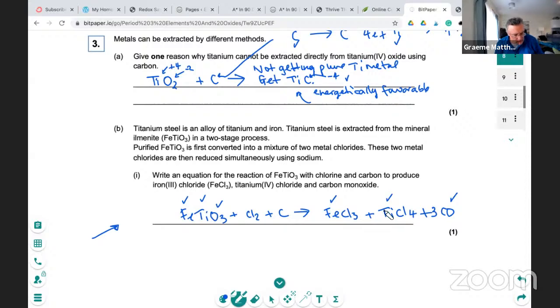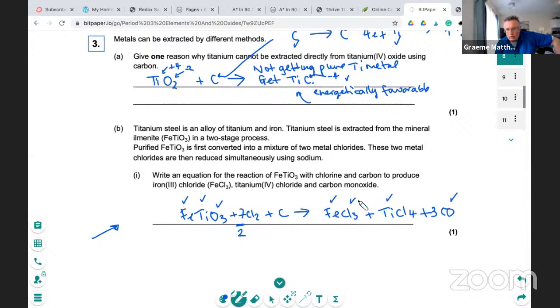That is good. Right, now I've got 4 chlorine. Oh, I've got 4, 5, 6, 7 chlorines on this side. So I need 7 chlorines on this side. So what, 7 over 2? All right, now you can leave it in fractional state. You can multiply through by 2 at the end, but 7 over 2 times 2 is 7.